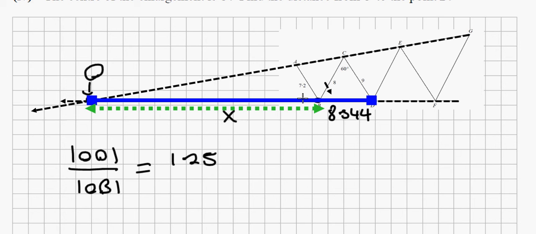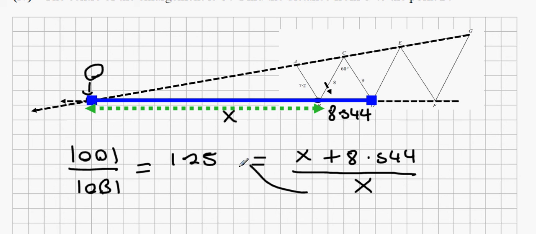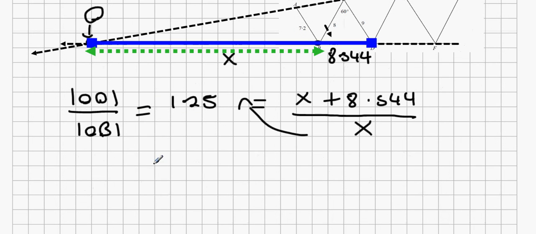So what we can say is that OD is going to be X plus 8.544 and OB is simply X. Now we can cross multiply and try to solve for X. So we're going to get 1.25X equals X plus 8.544.